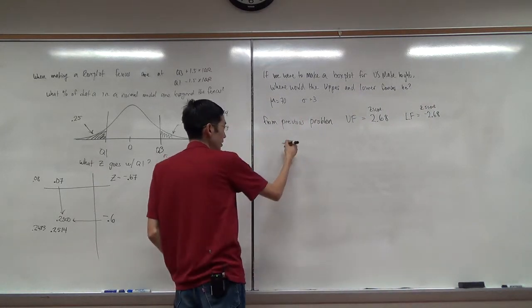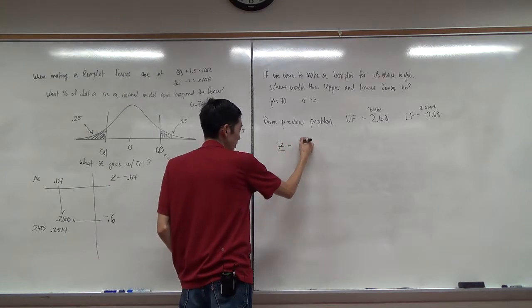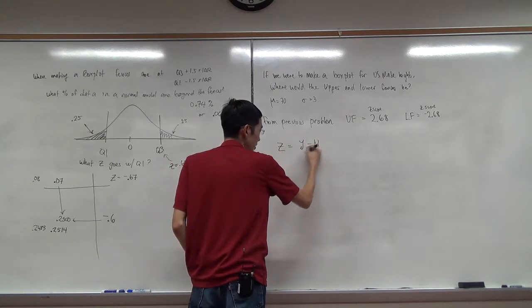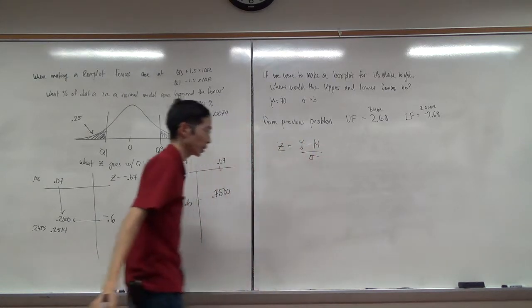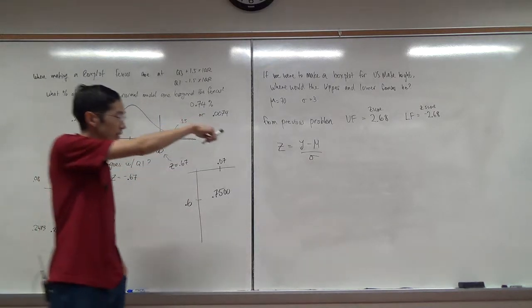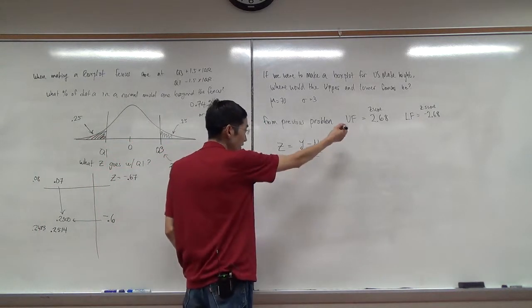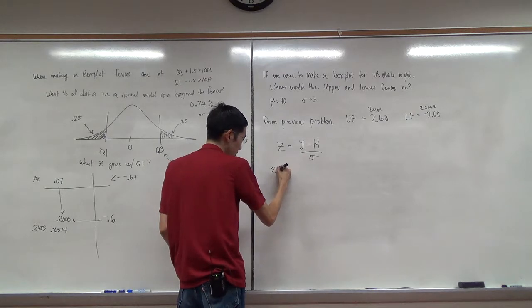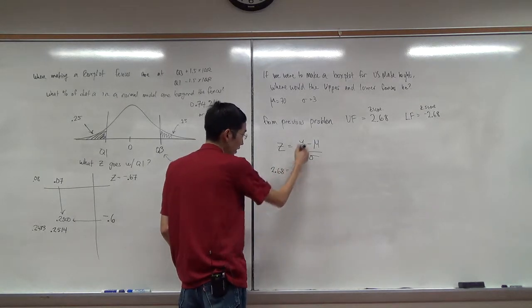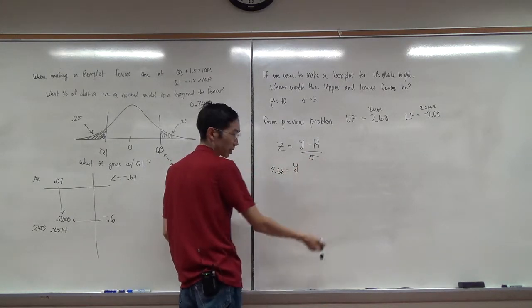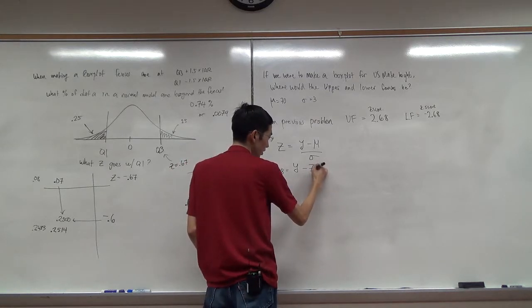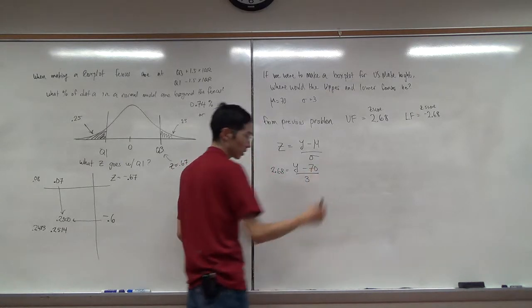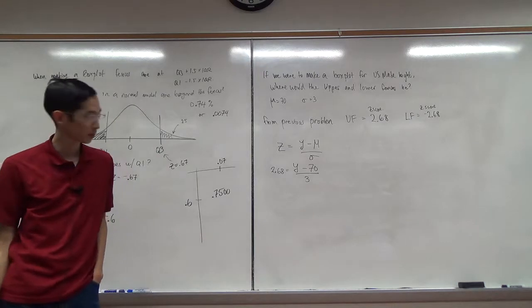So if I say z is equal to y minus mu over sigma, I have the location of z, which is 2.68. I don't know the height that I'm looking for, but I do know that the mean is 70 and the standard deviation is 3.